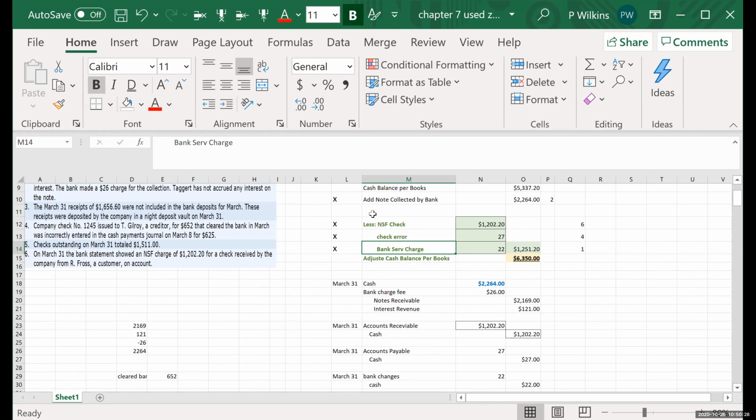Your journal entries are always coming from the per book part on the bottom. Confusing, I know, but you have to work through one like this, and then the next one you do helps you to see what you need to look for as you go through the process.